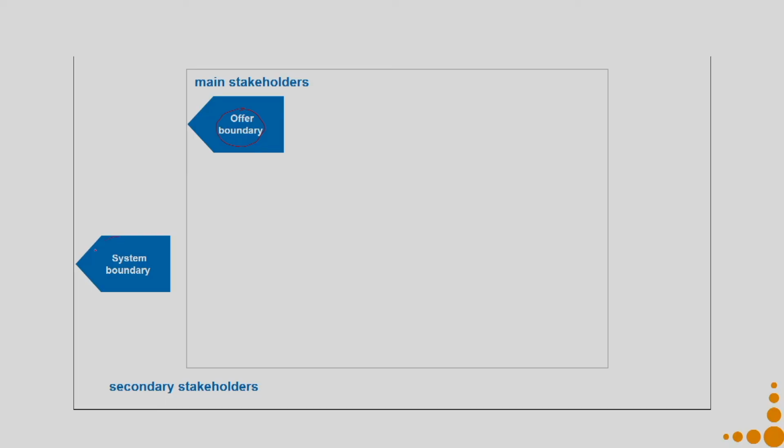Now, another one is my system boundary, which is a little bigger than my offer boundary. My entire system is about, say for example, here I define my system as clean drinking water for domestic use, wherein the raw water is being supplied by the municipality, or the raw water is coming from a borewell.